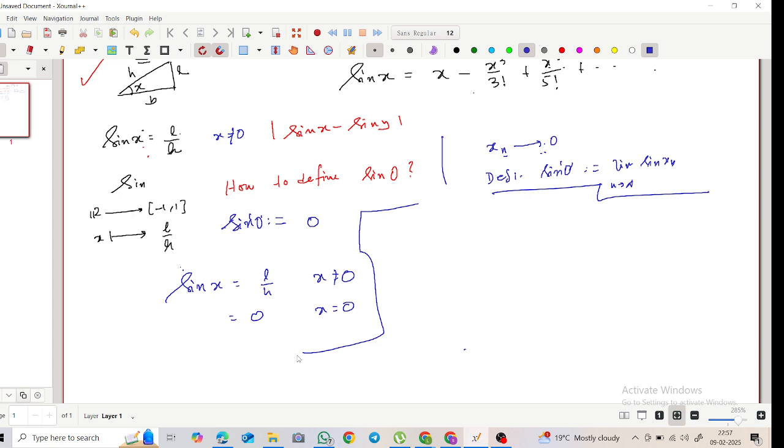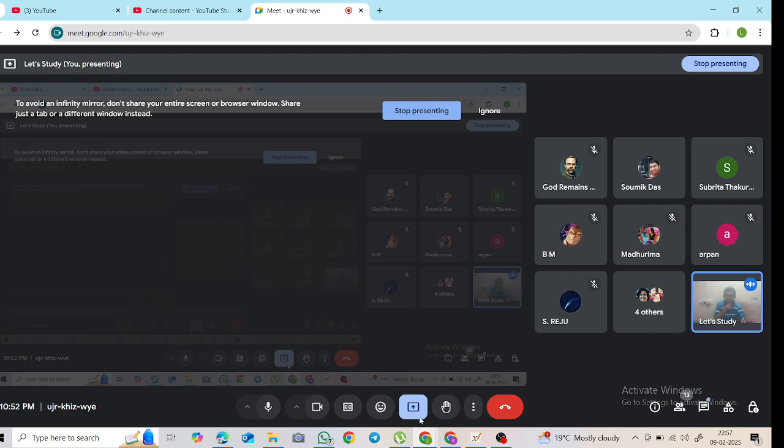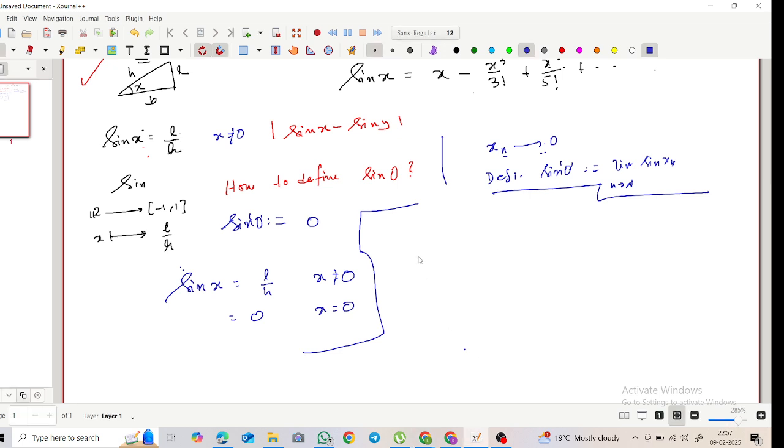I wrote the inequality: sin x minus sin y, from the trigonometry formula, I can write as 2 into cos of (x plus y) by 2 into sin of (x minus y) by 2, which is equal to 2 into mod of the whole thing, mod of sin (x minus y) by 2 times cos (x plus y) by 2. I think this is y minus x by 2.